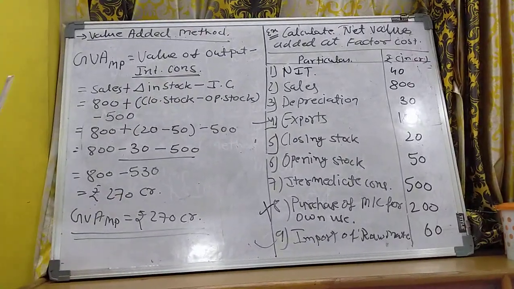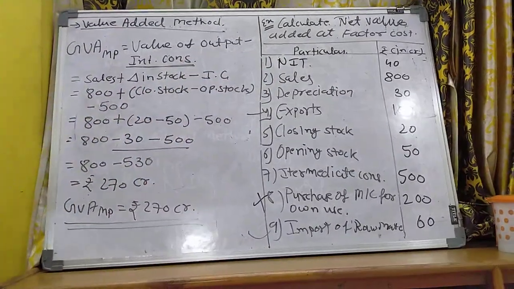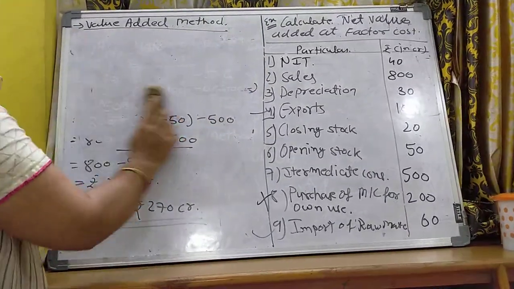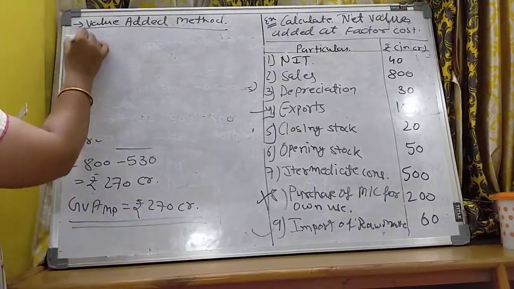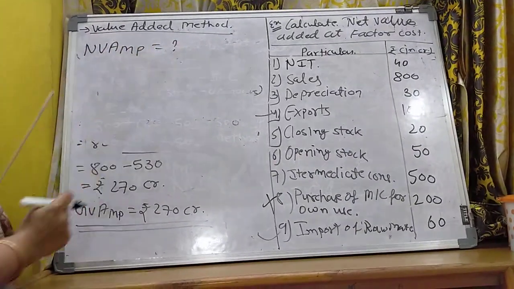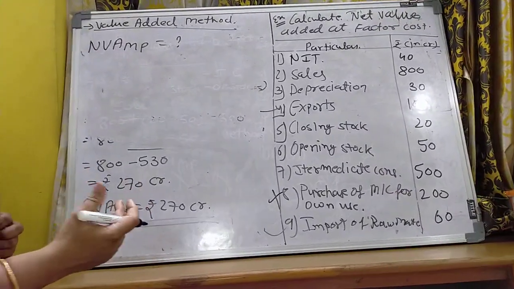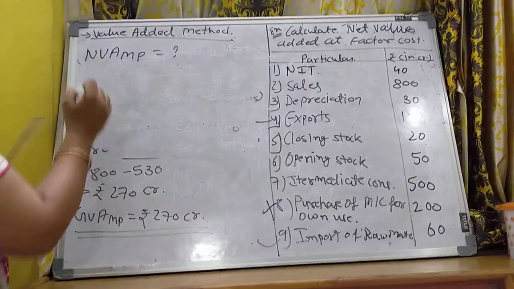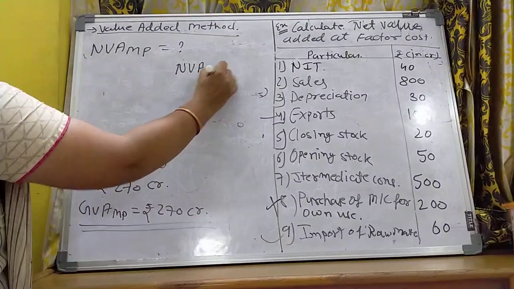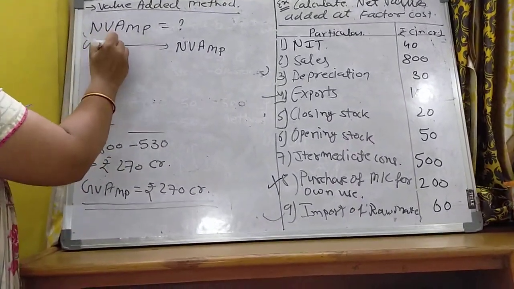But what is the question? The question is net value added at factor cost. It means you have to find out NVA FC. Same method as in the previous chapter. So what is your destination? NVA FC. And where are you? I am here, at GVA MP.